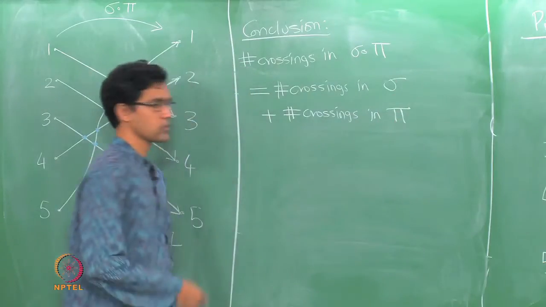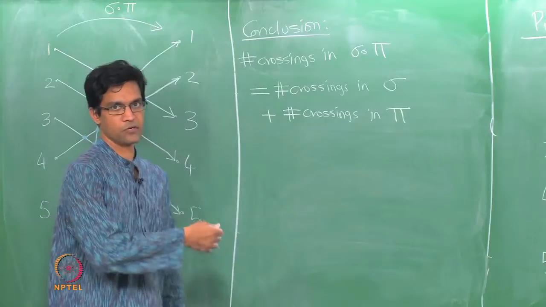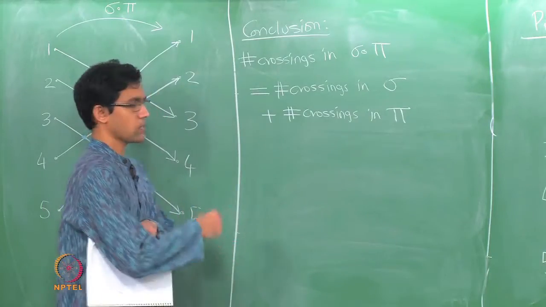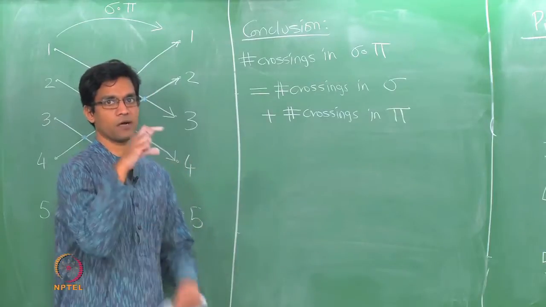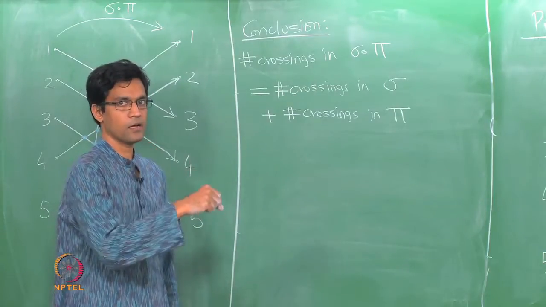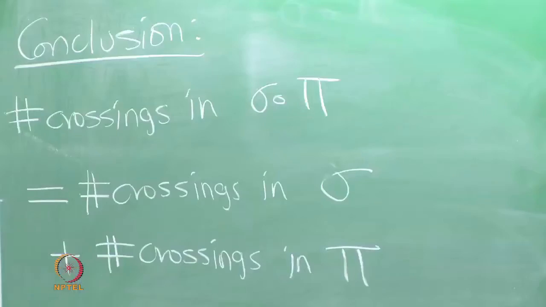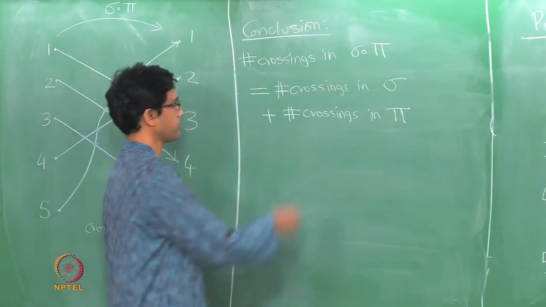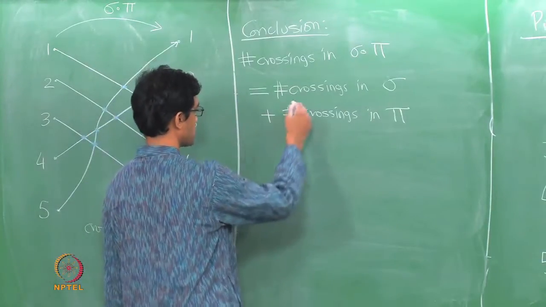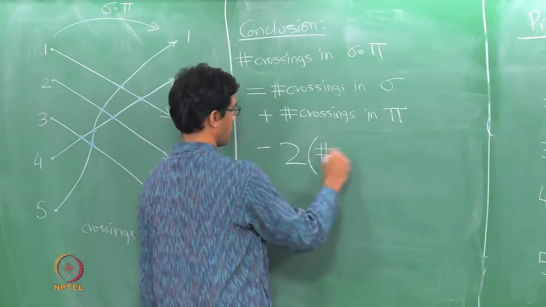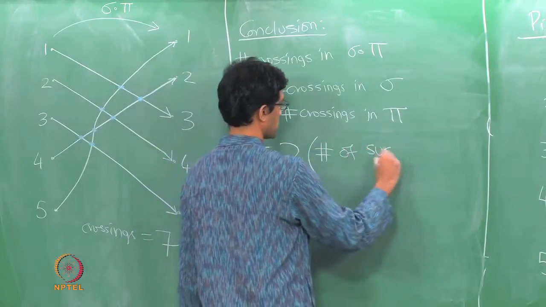Okay. So, you add all the crossings in sigma to the number of crossings in pi, except when there are successive crossings. If there is a crossing in pi followed by a crossing in sigma, then as we saw, in the end those two sort of undo the effect of each other. At the end of the day, there is not a crossing in the composition. So, this plus this minus 2 times the number of what we will call successive crossings.